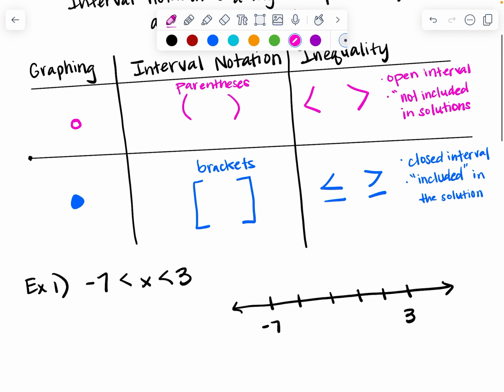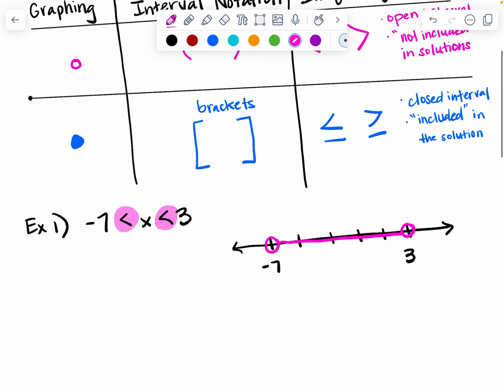When I graph this, because I see less than symbols, I'm going to use open circles with a line in between. So that shows me that all numbers between -7 and 3, but not including -7 and 3, are solutions.